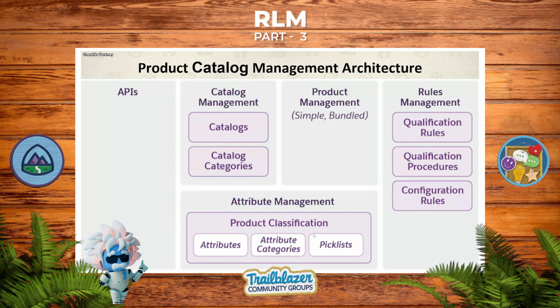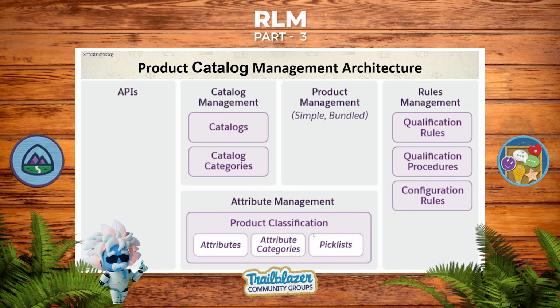Then we have catalog management. Under this, we can define our catalogs and catalog categories. In our product catalog management, we can define our product as a simple product or a configurable product. After that we have attribute management.